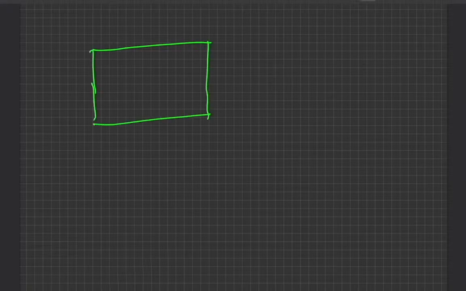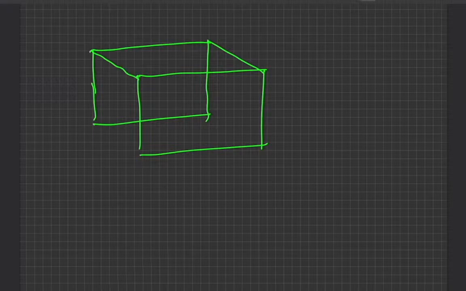Let's take a slightly different problem. Say that I have a cuboid and I want to know the volume of this, that is how much it can hold.